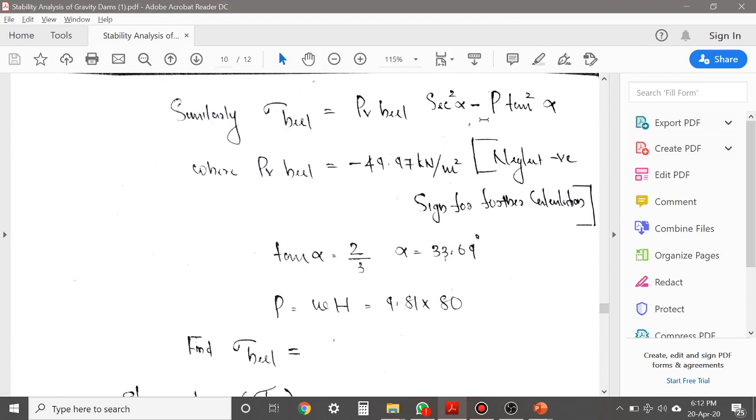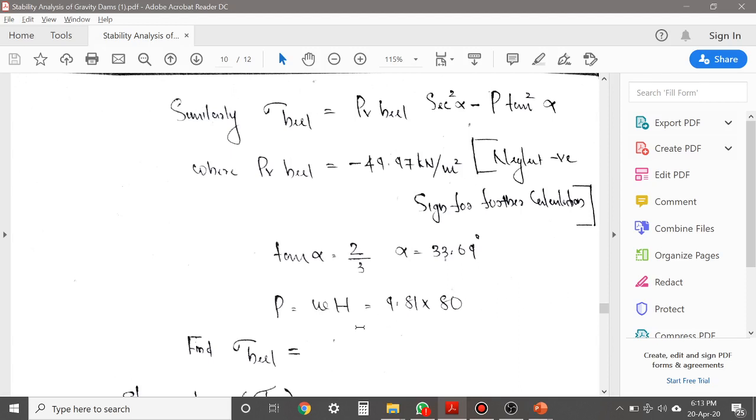Also capital P. In the previous step, while calculating sigma of toe, this was small p dash. Here it is capital P, and capital P is unit weight of water into capital H, where capital H is the upstream water level, that is 80 meter here.